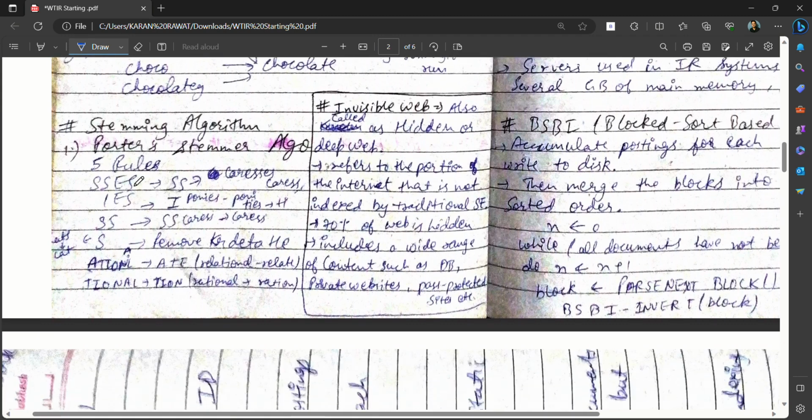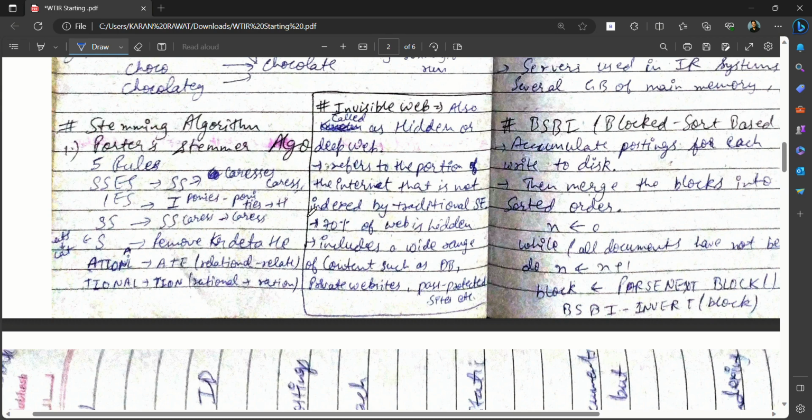We have five rules we'll discuss, but the example of this is caresses, C-A-R-E-S-S-E-S. Now we are getting this SSES at the end, and we'll convert this SSES into SS. So this will become caress. Care, SS. This sounds very silly, like what am I doing, but this is all about it.